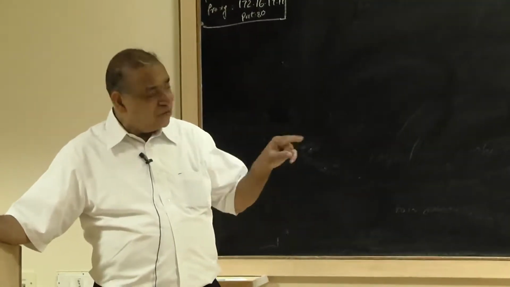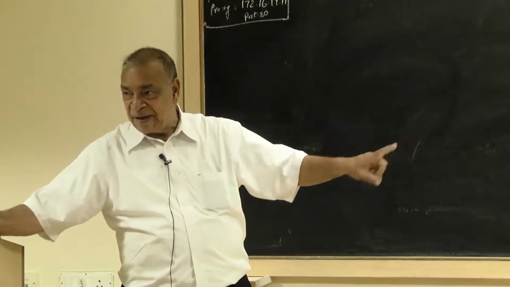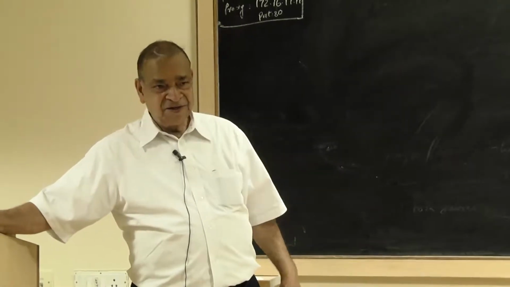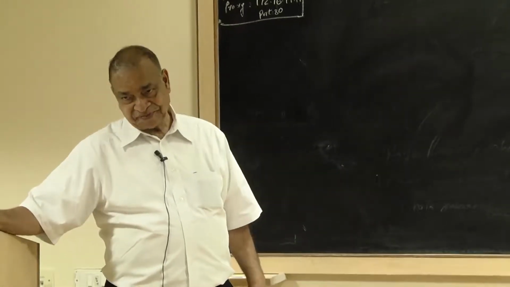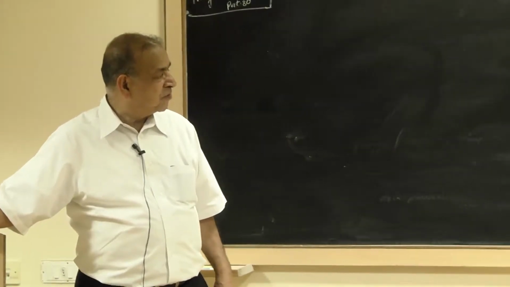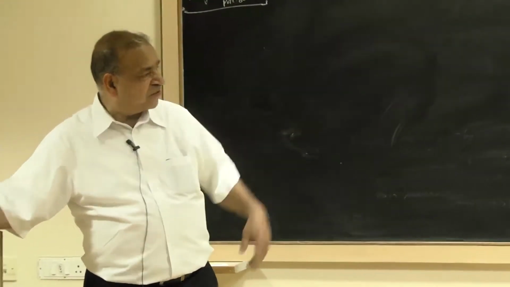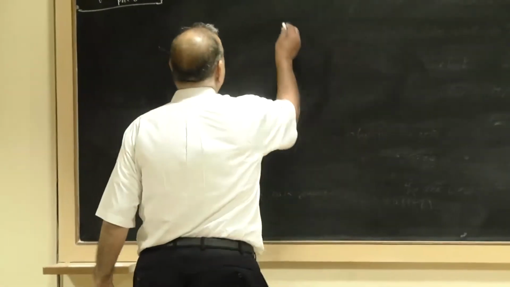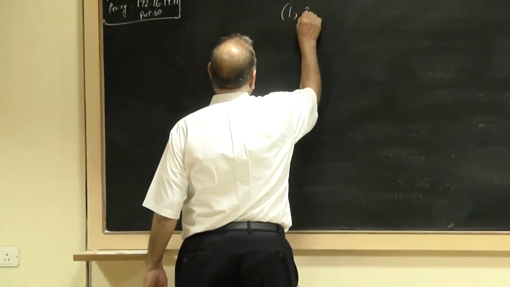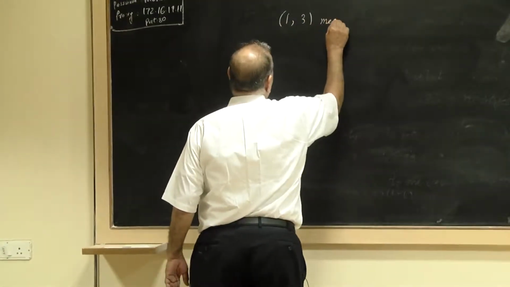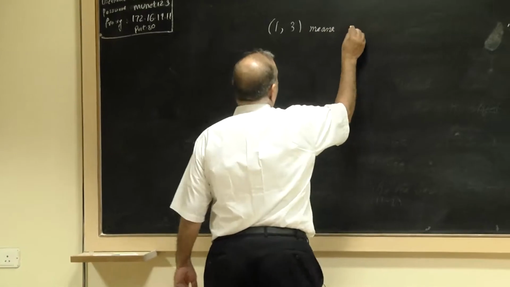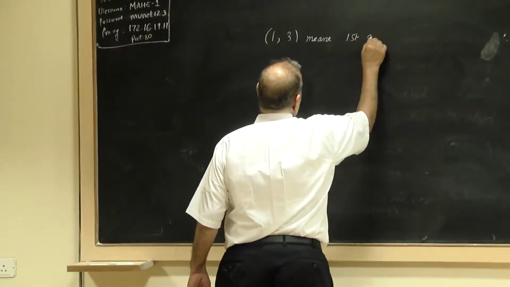Now, I am going to write down this matrix. This matrix represents how to play this game. What does the column say? For example, it says 1, 3, which means first guess is 1.